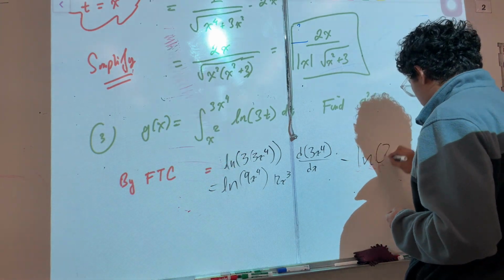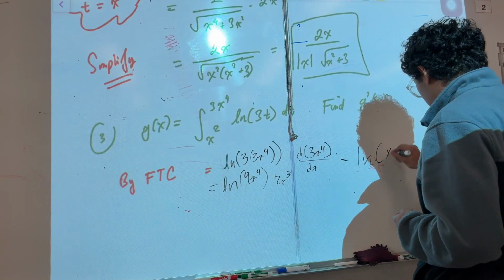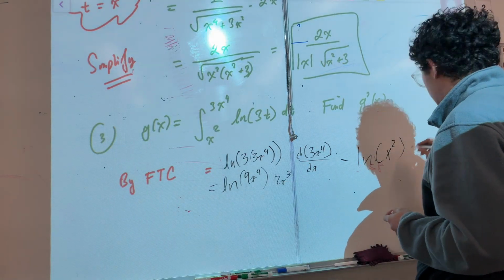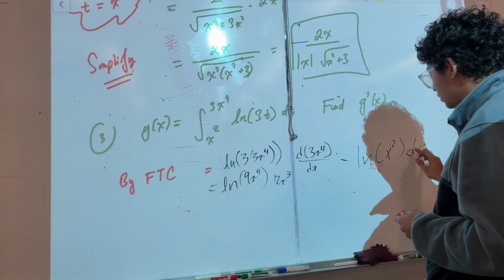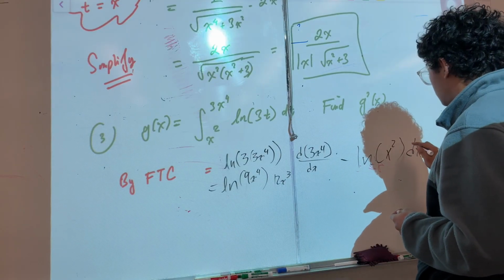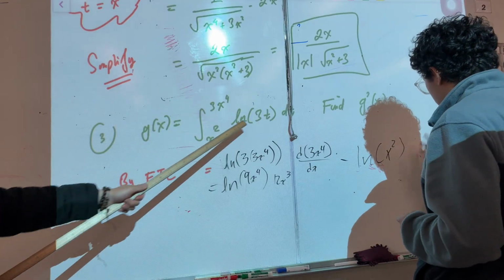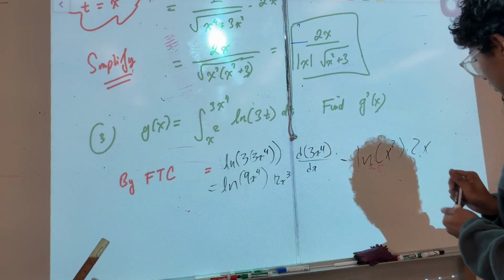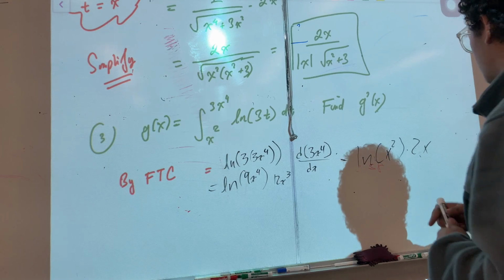X. Wait, is it 2? Oh no, it's x squared. X squared. And then d of x. Do I keep the d of x here? Oh no, because it's a derivative. So then that's chain rule. So basically, you plug it in. You plug in the t by x squared. Okay. Is it like that? You're missing the 3. Oh yeah.